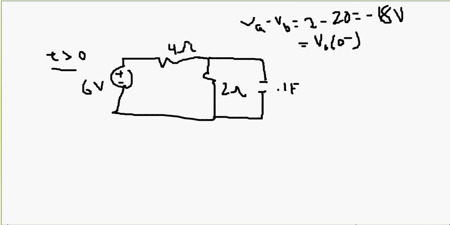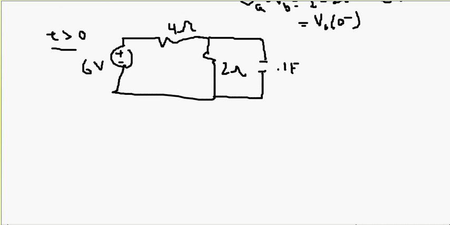So the voltage across this capacitor for a long time when t is greater than 0 is our final voltage. When it's steady state, the capacitor pops open.